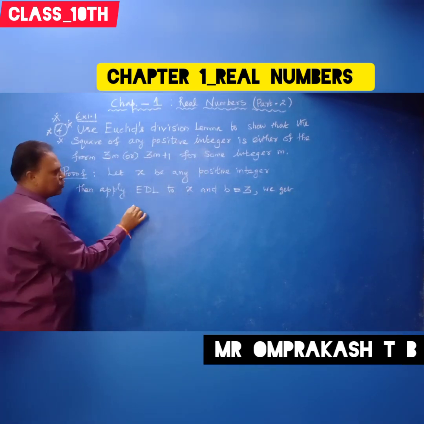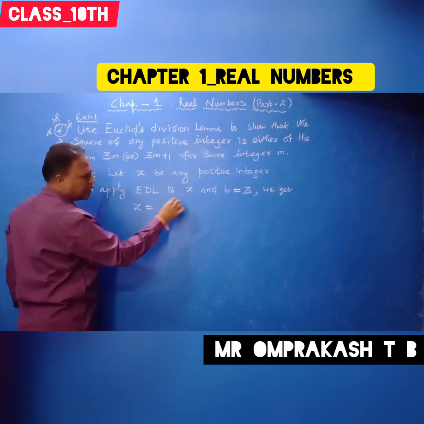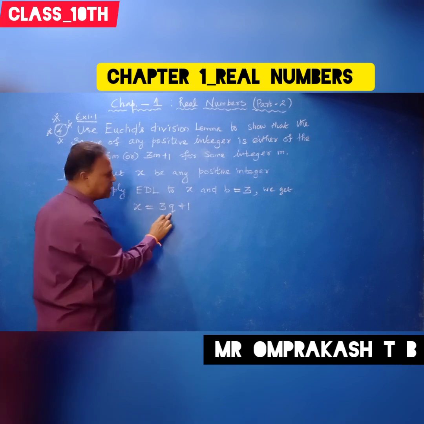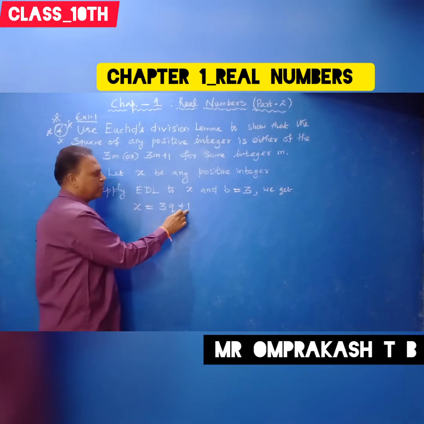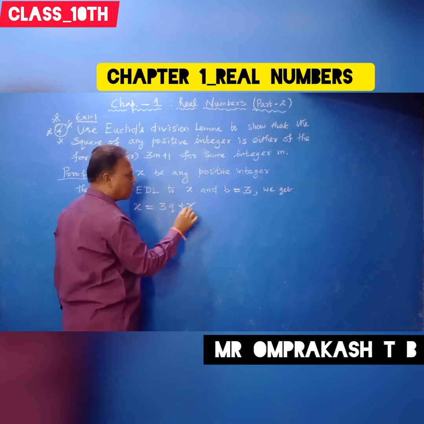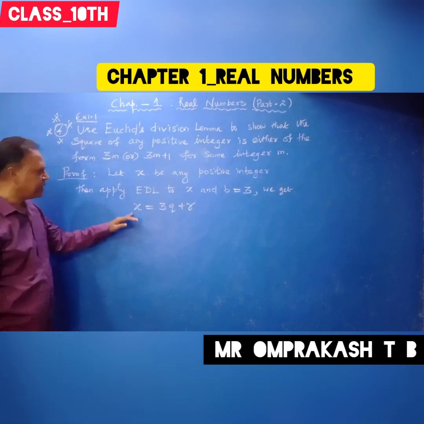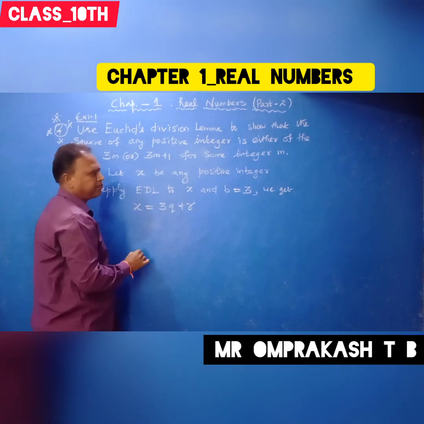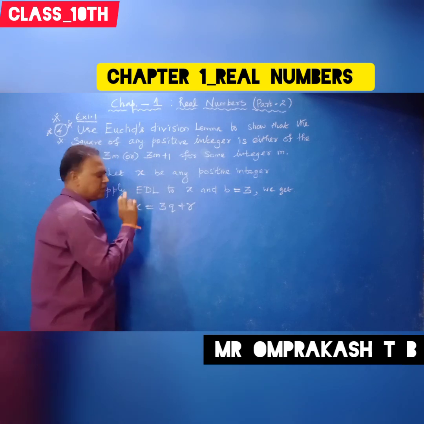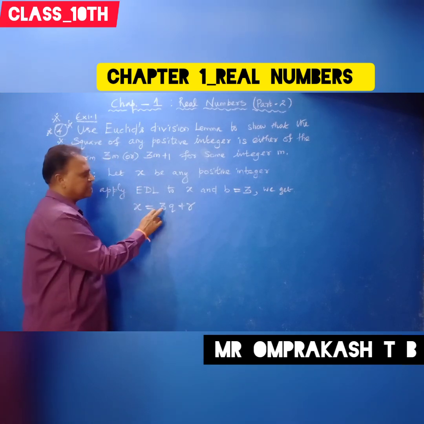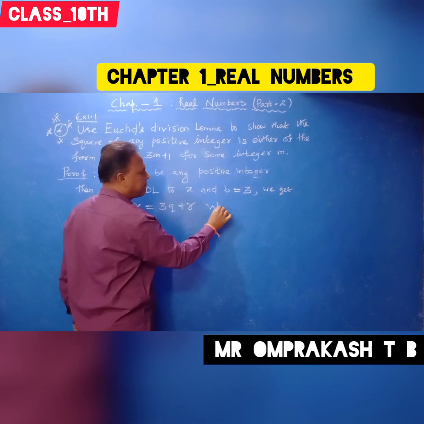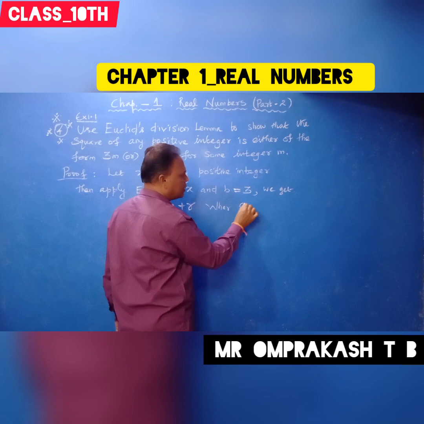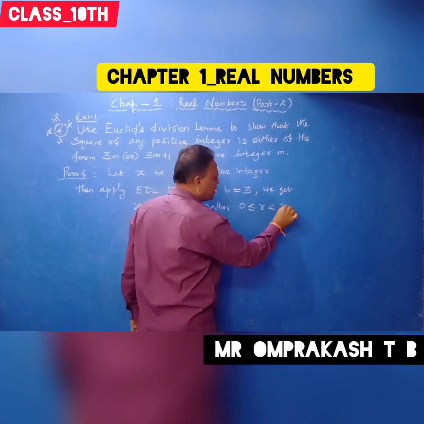Then we get x is equal to 3q plus r, where q is quotient. Clear? Remainder is r. x is equal to 3q plus r, that is quotient and remainder. b we have taken 3. That's why x can be written as 3q plus r, where 0 less than or equal to r less than 3.